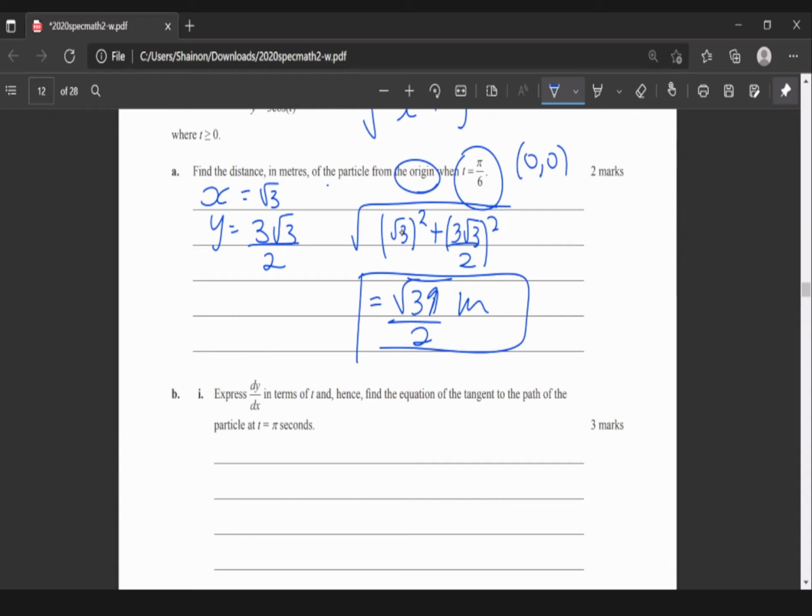So dy/dx is going to be dy/dt divided by dx/dt.